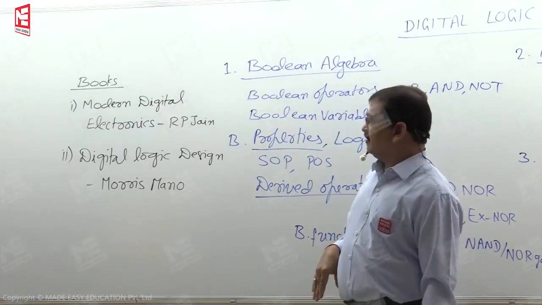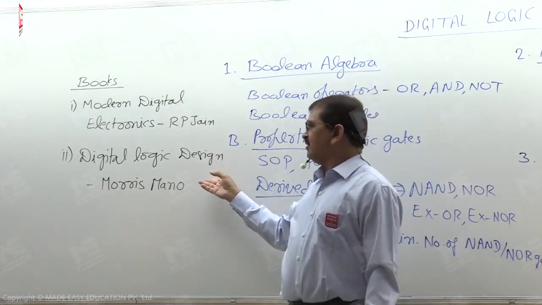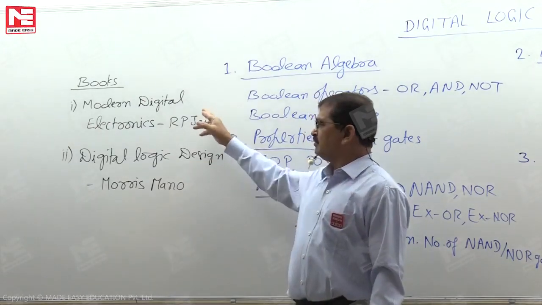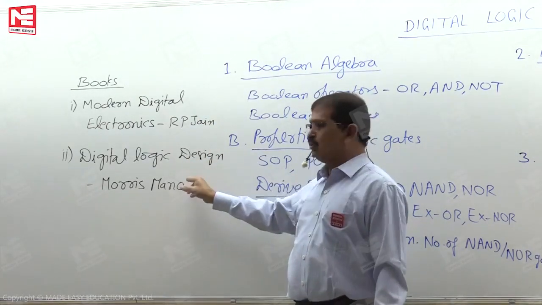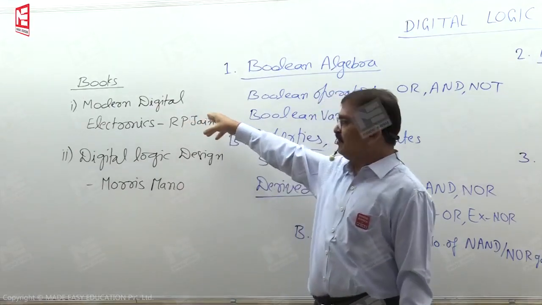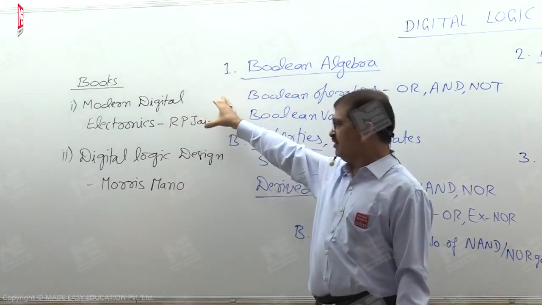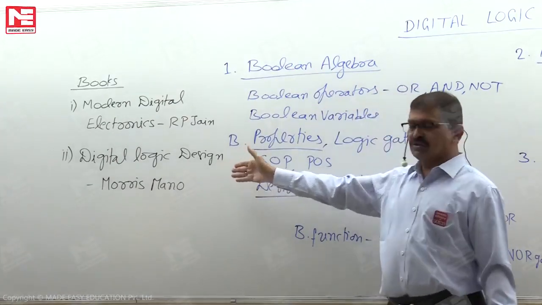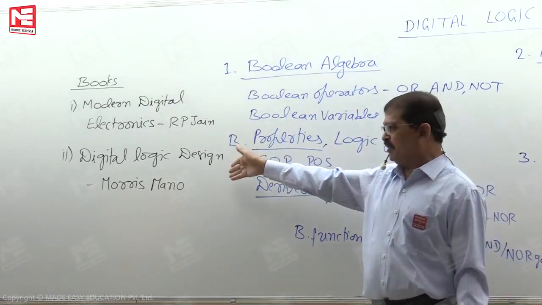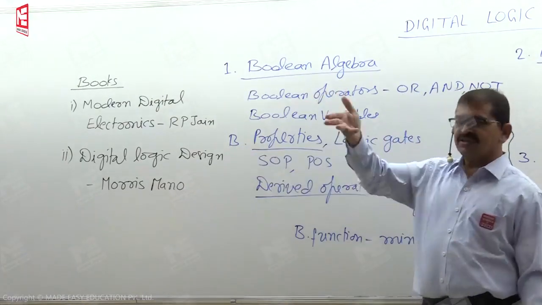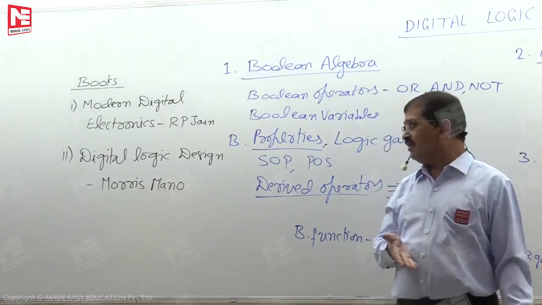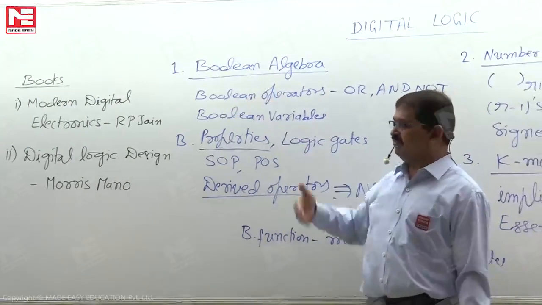In Digital Logic Design, you will see more theoretical description, and the examples are not so good. Here, the examples in every topic are very good. But of course, you can manage even with the other book if you have it. But as I said already, I am repeating, if you ask me to recommend, I suggest you read the first book.